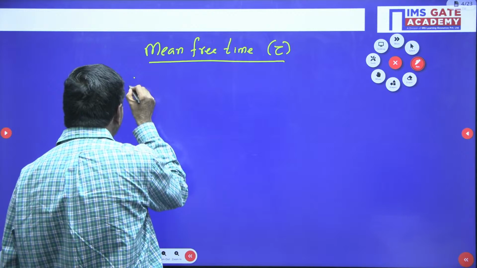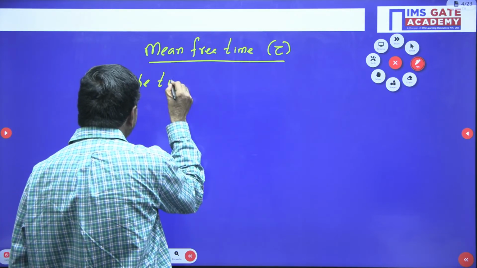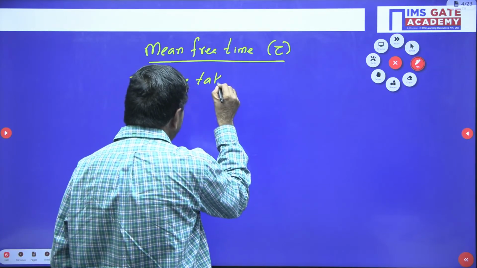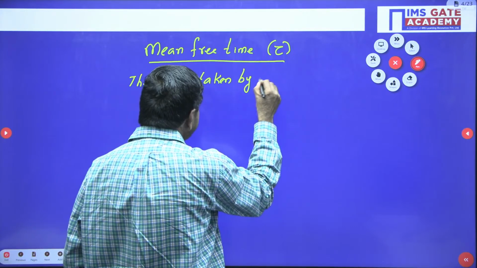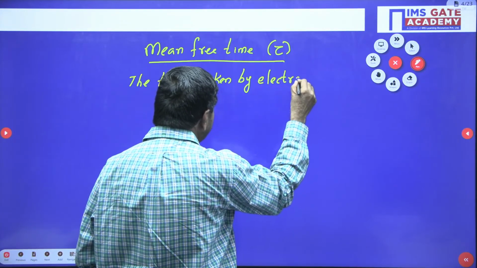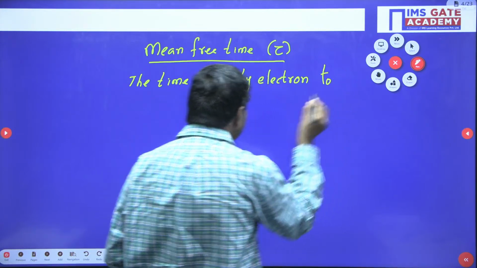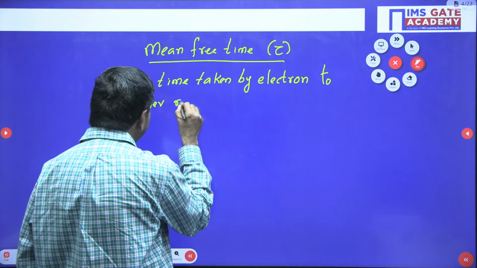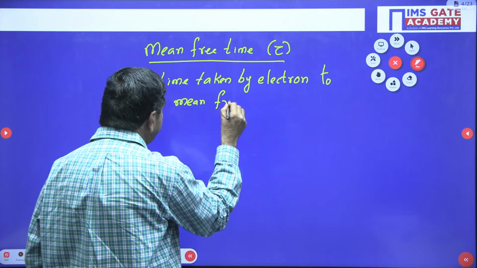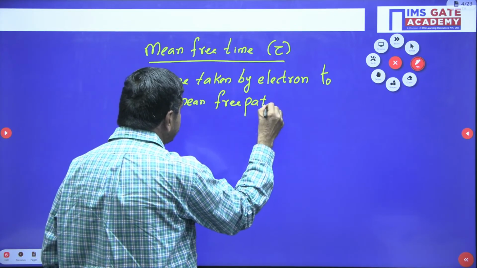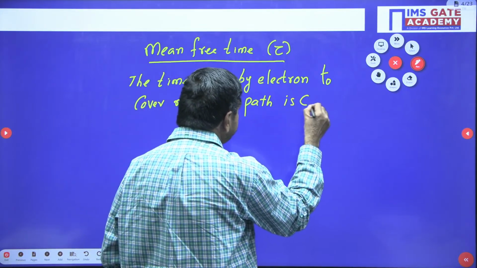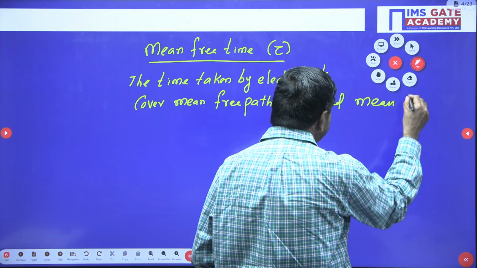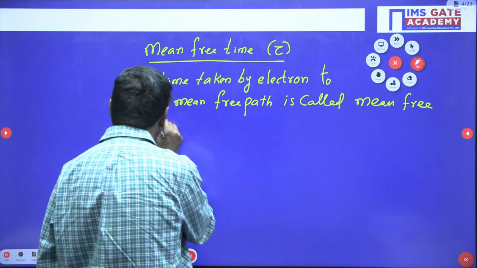You can write now: the time taken by electron to cover mean free path is called mean free time.